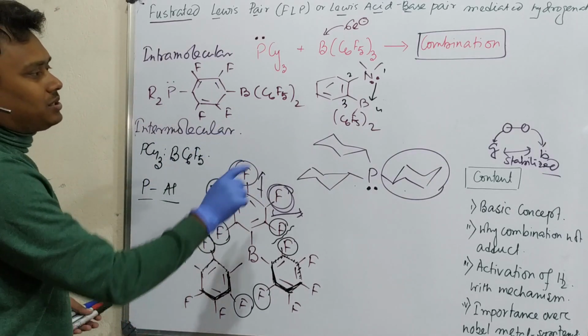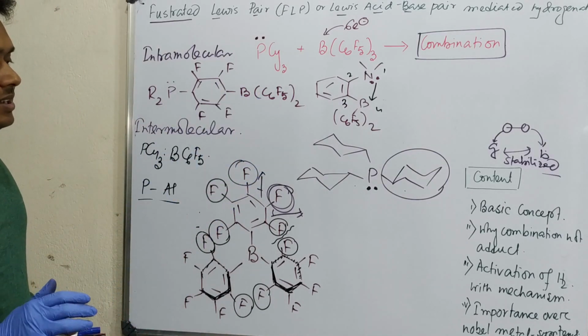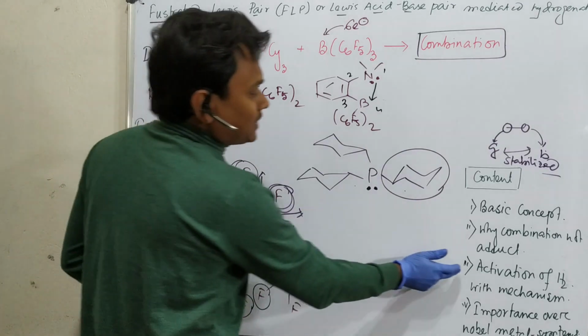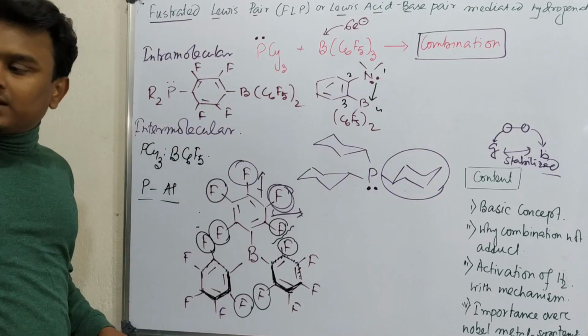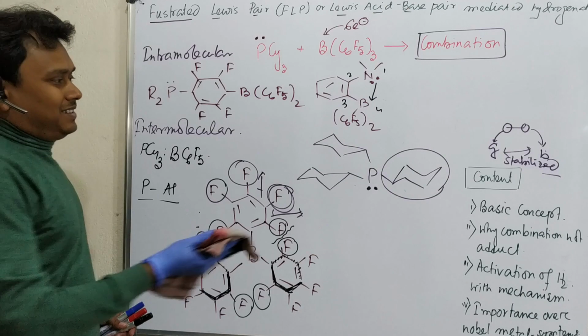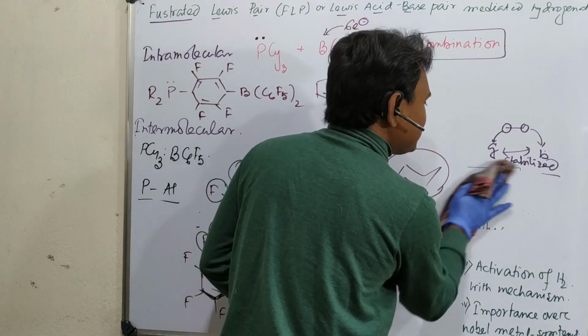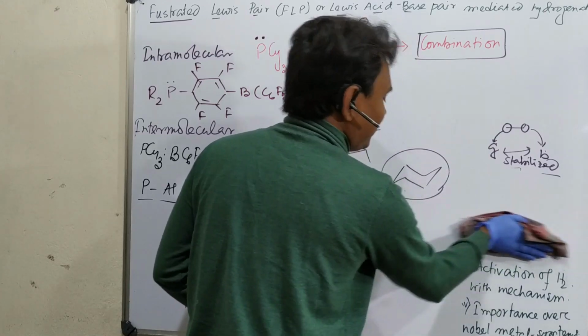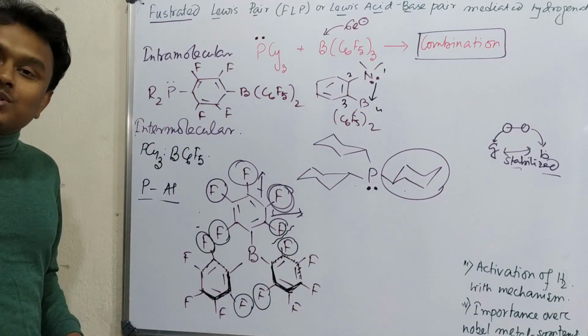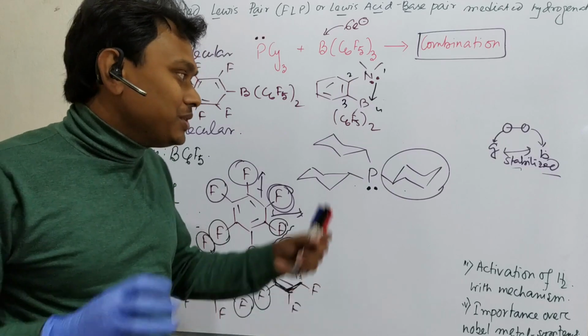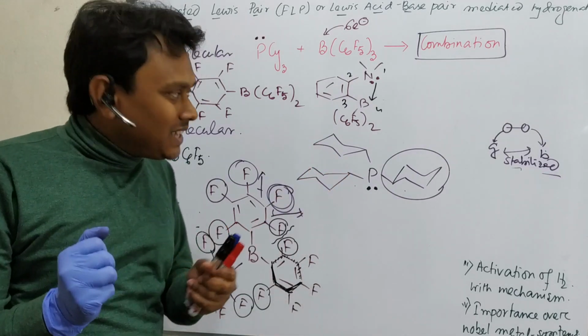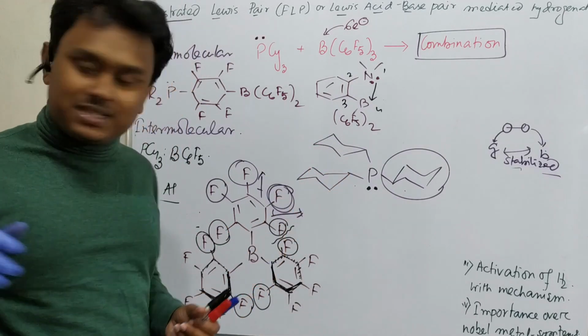Now think about the process of activation of hydrogen. When I told that, remember the story of this boy and girl. So some third person is needed in order to solve the problem between them and make them stabilized.